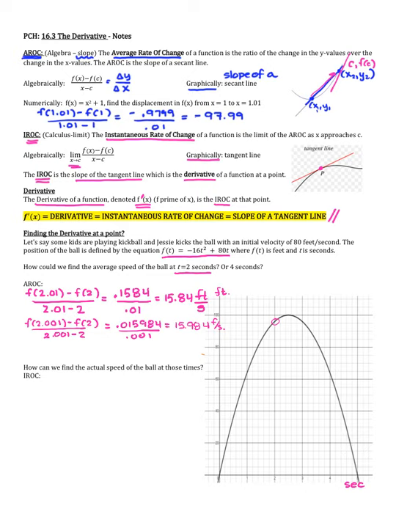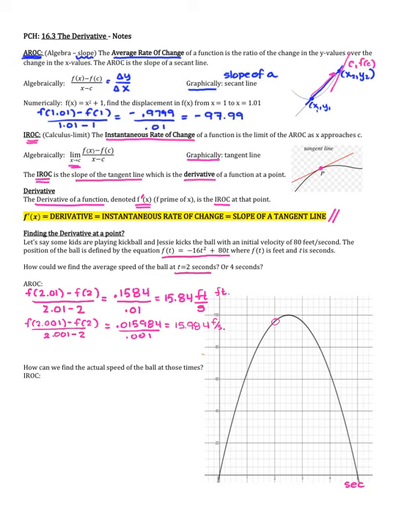Notice we're getting closer and closer to a particular value. And the closer I get, in other words, the more you make that interval smaller around 2, I'm going to get a better approximation of the instantaneous rate of change.